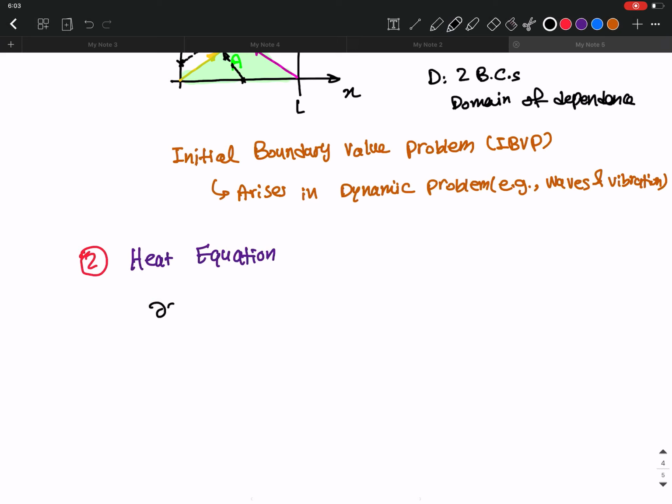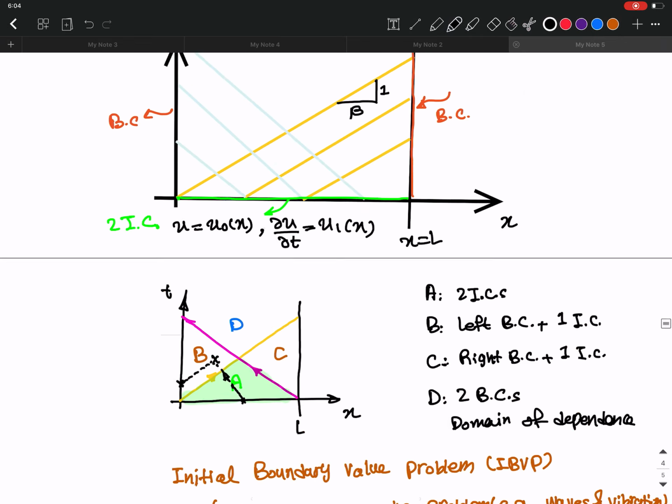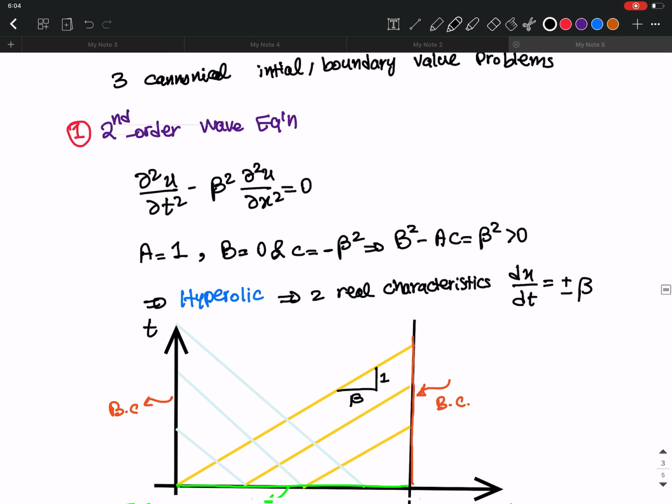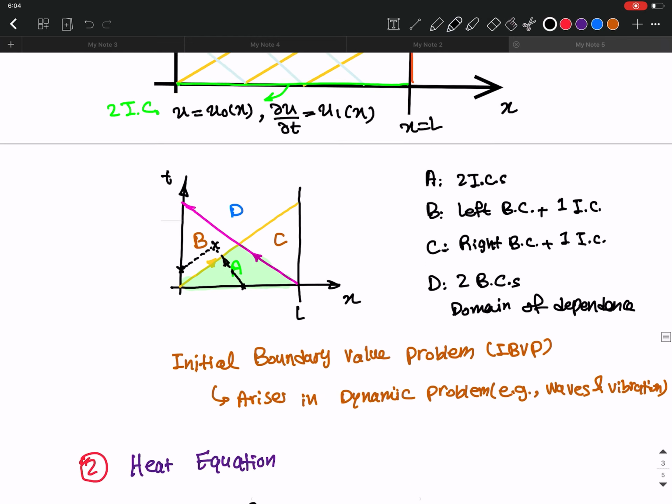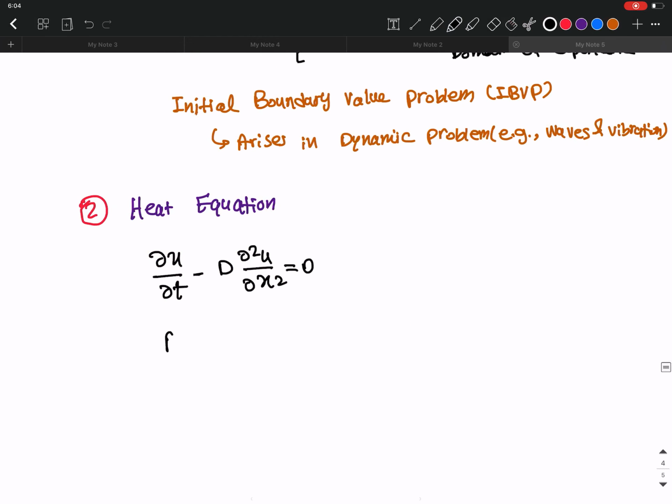So partial u partial t, if you remember from what we talked about, minus d partial square u over partial x square equals 0. So now let's examine what the coefficients are for this equation. So a here is what?